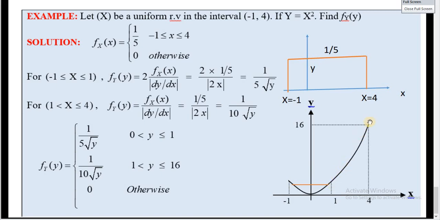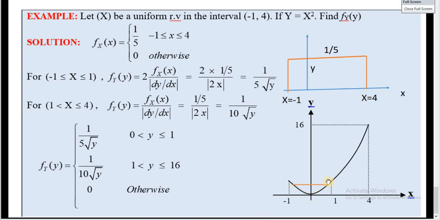So this is a monotonically increasing function, and each value of x between 1 and 4 leads only to one value of y. However, for values of x between minus 1 and 1, two values of x lead to one value of y.